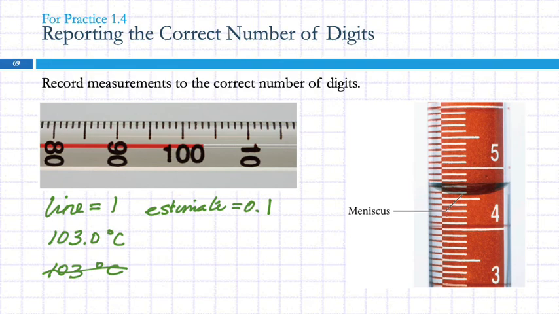Tenths, right? So each line equals 0.1 milliliters. So then we're going to estimate to the next decimal place. So we're going to estimate 0.01. So this is 4. This would be 4.5. And that's 4.6. So it's more than 4.5, but less than 4.6.